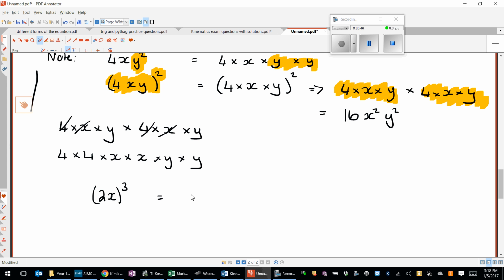That would be bracket 2 times x, bracket, cubed. Which is 2 times x times 2 times x times 2 times x. Good. Which simplifies to? Anna.